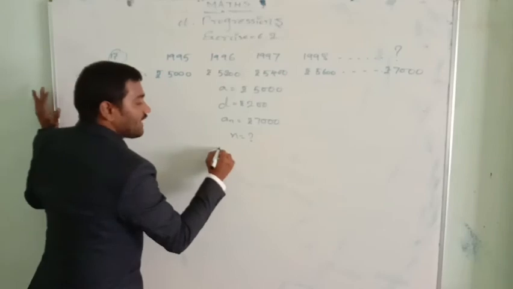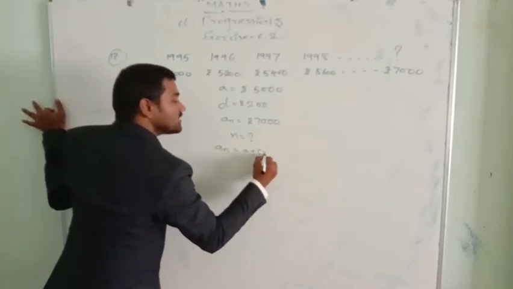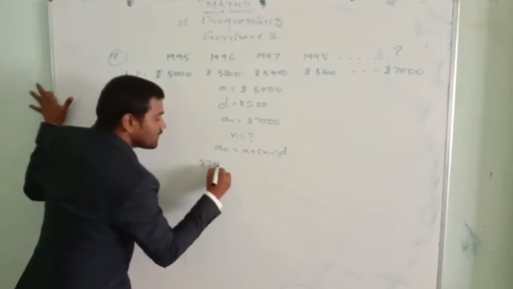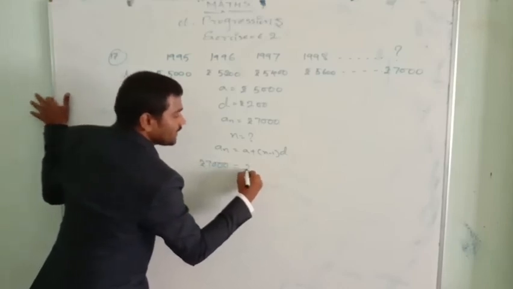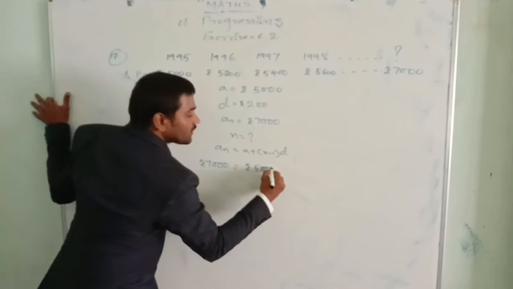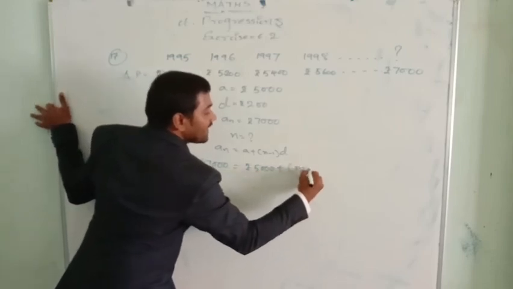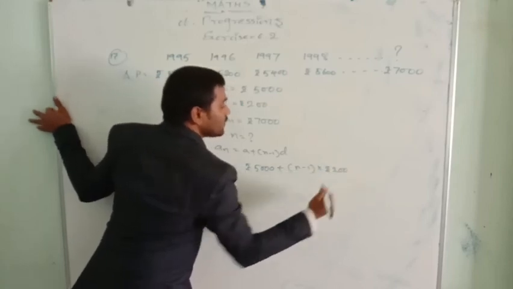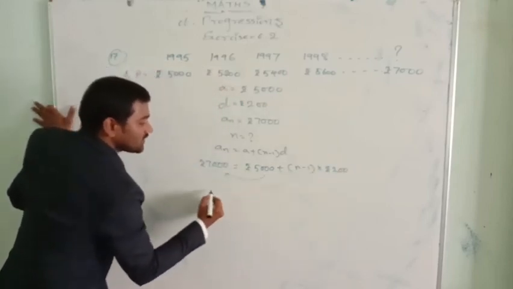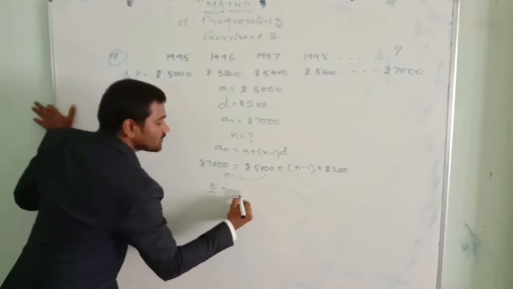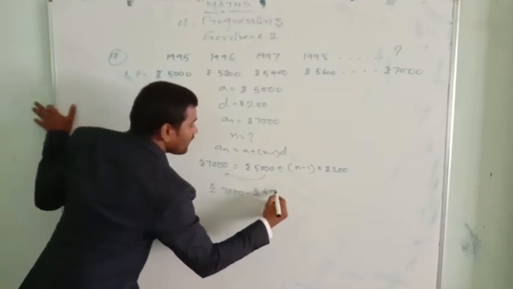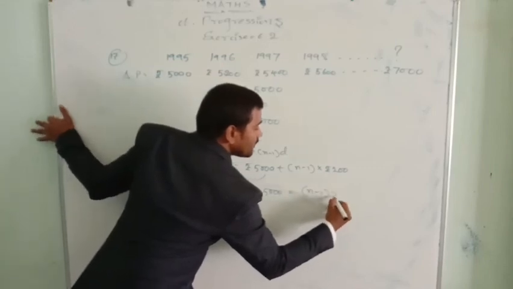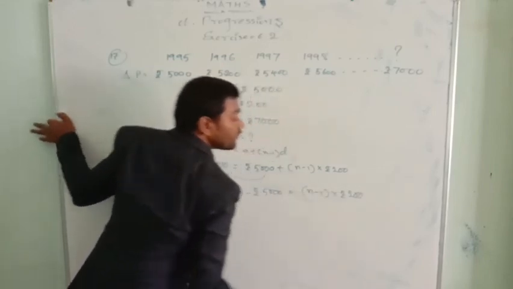So let us find out the n value by using an equal to A plus n minus 1 into D. Here rupees 7,000 equal to A, that is rupees 5,000, plus n minus 1 into D, D equal to rupees 200. This 5,000, transfer this side: rupees 7,000 minus rupees 5,000 equal to n minus 1 into rupees 200.